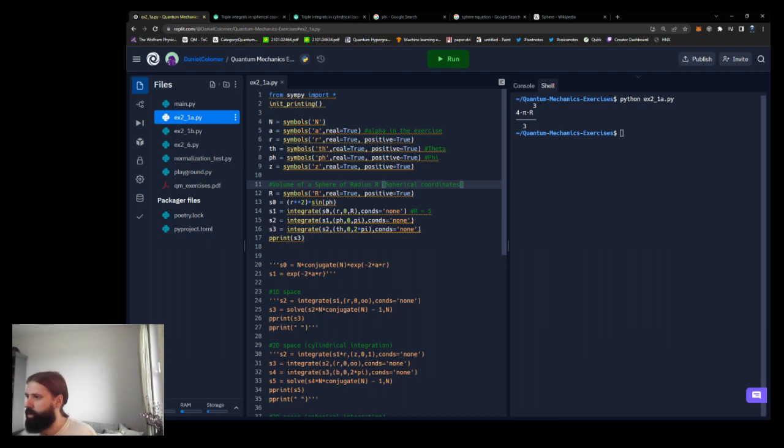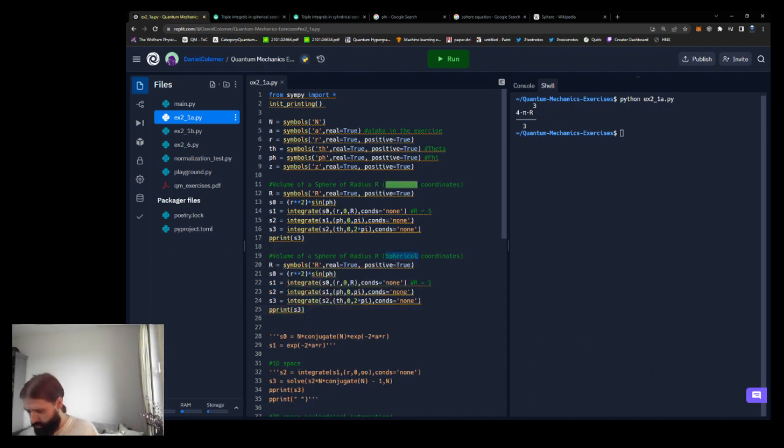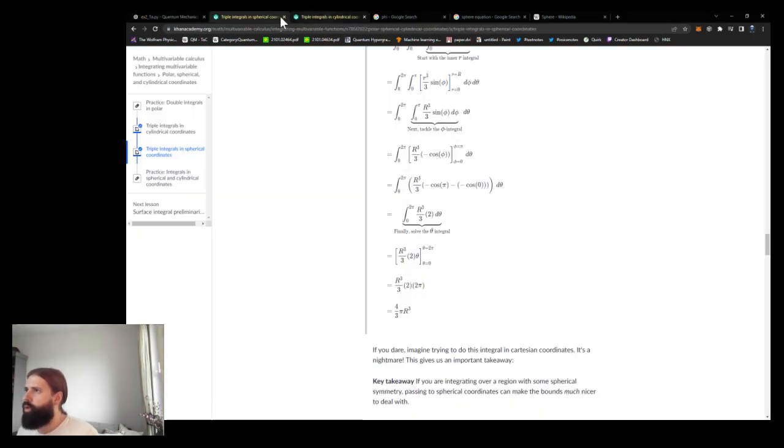This is spherical coordinates, and now we want to do cylindrical coordinates. And essentially with cylindrical coordinates, it's kind of a bit of the same, right?